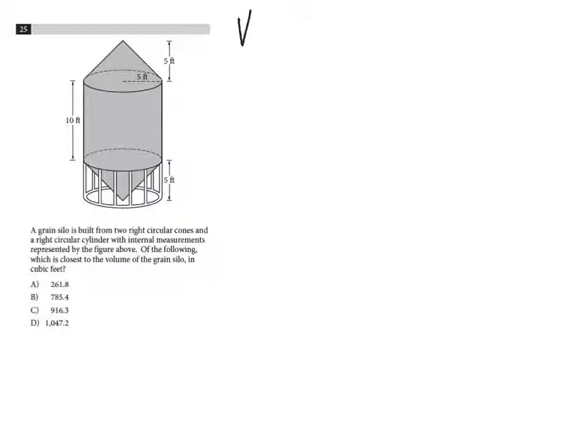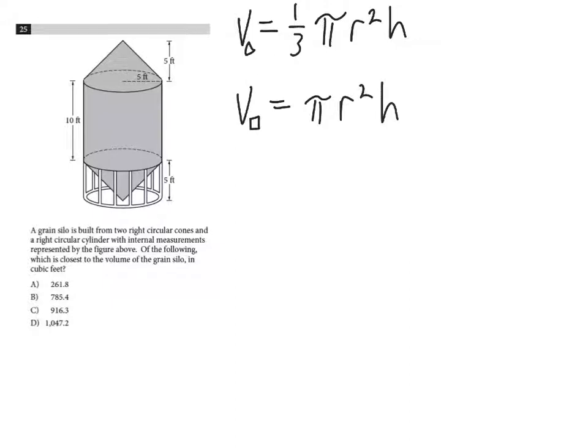The volume for a cone is going to be 1/3 the base area, which is pi r squared, times the height. I'm going to do a little triangle for the cone. The volume of the cylinder is going to be the base pi r squared times the height.